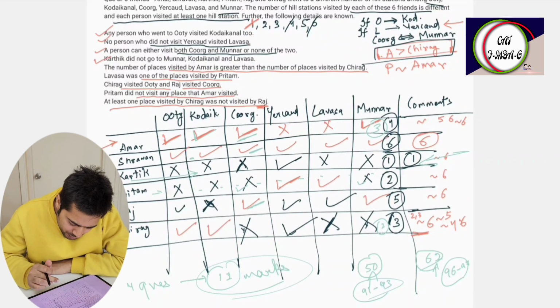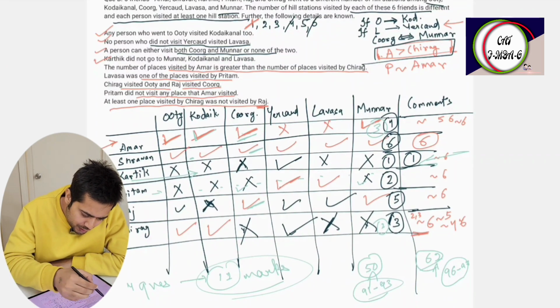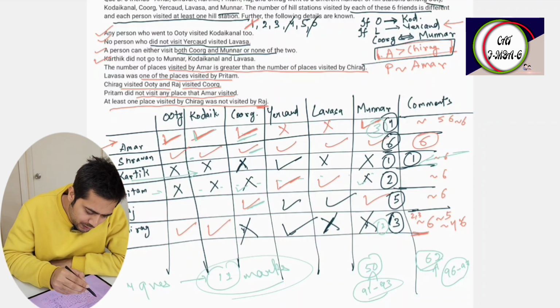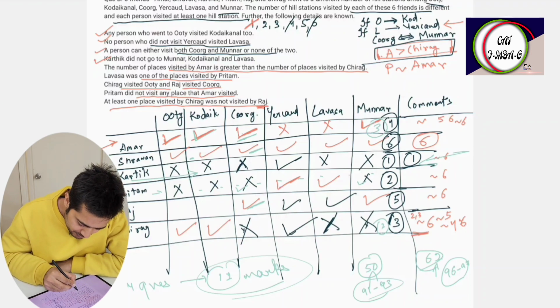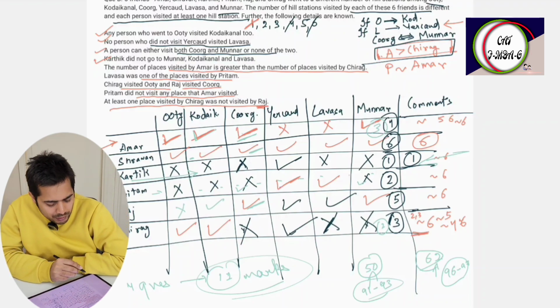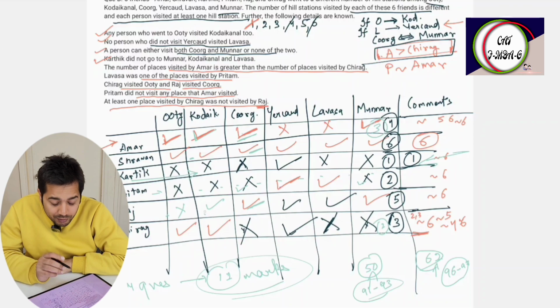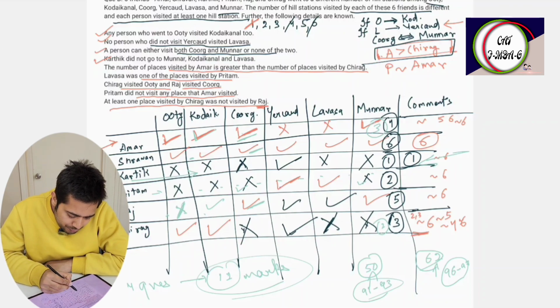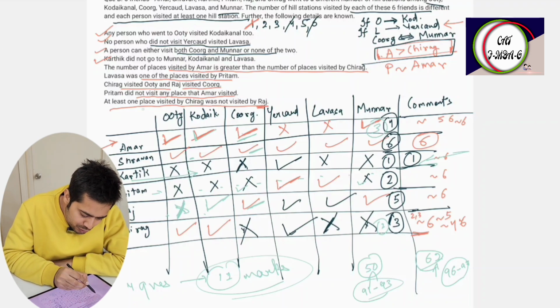Okay. If Ooty is there, then Kodaikanal. I think we have made one mistake here. See, while you are solving, you can also correct your mistake. This has to be this, this has to be this. Because if Ooty is there, then Kodaikanal will definitely be there. So that is why we can tick Kodaikanal, cross Ooty. This way, this condition will also be fulfilled.